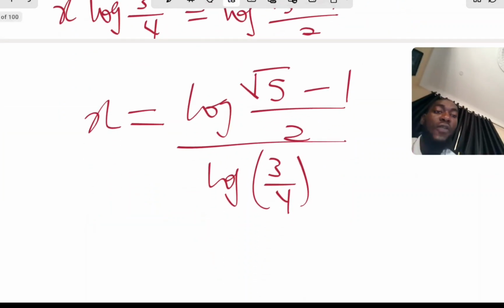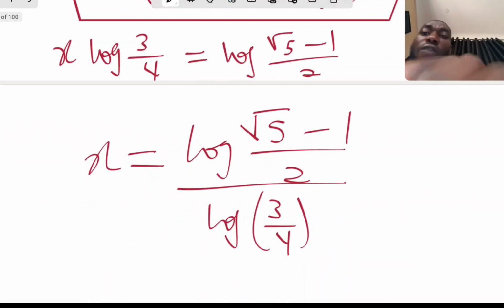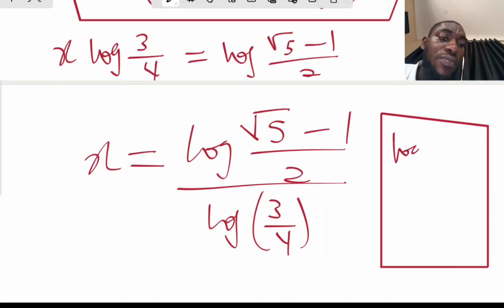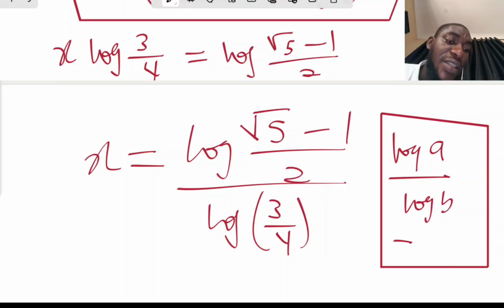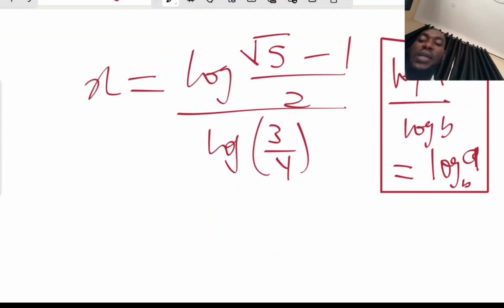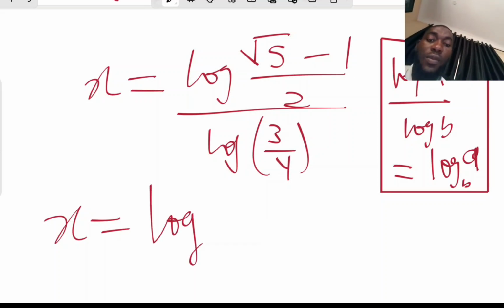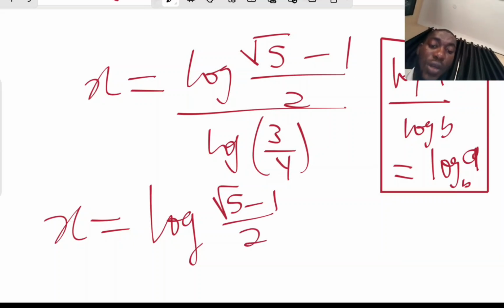Again, from the law of logarithm, log a over log b is the same thing as the log of a base b. So this can be written as, the denominator is going to be our base now, x is equal to log of root 5 minus 1 over 2 base 3 over 4.